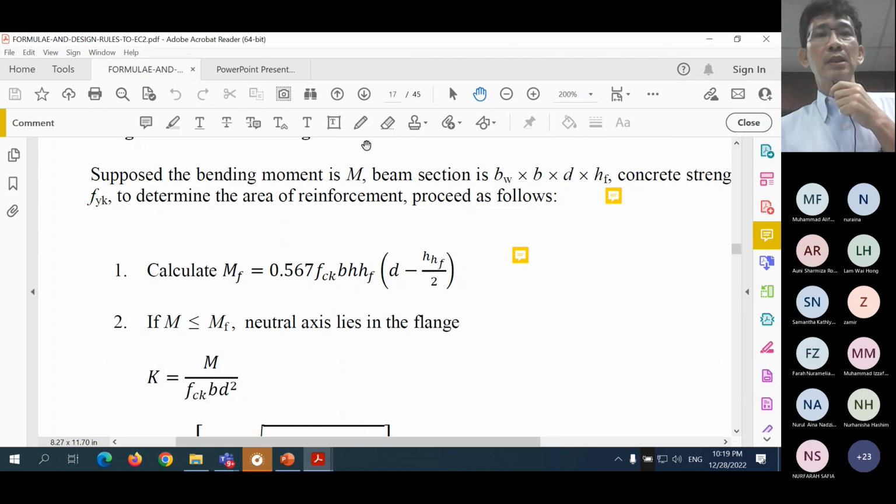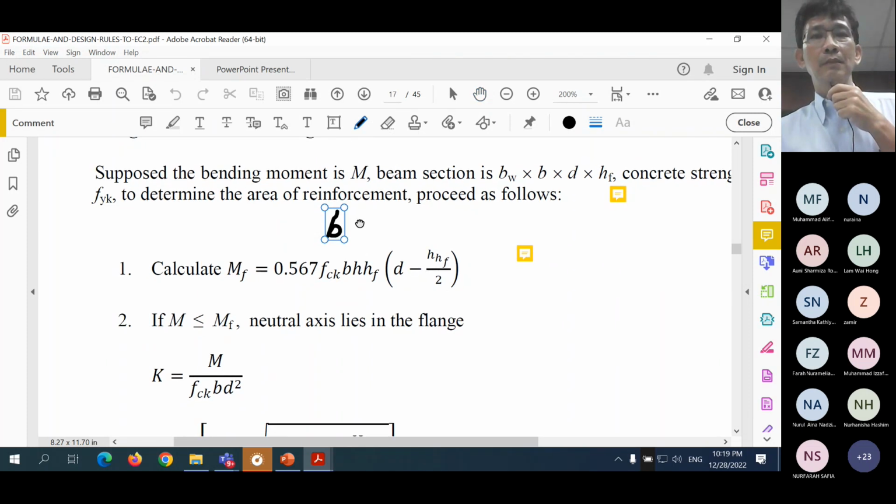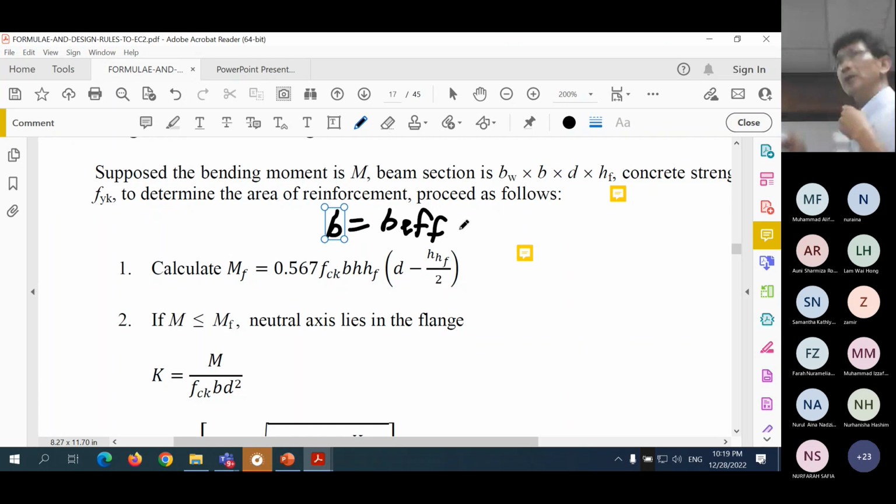The B here, class, is the same as the B effective that we tried to calculate just now. Here in this design formula book, the symbol B effective is equal to B, the effective flange that we need to calculate just now using the code.